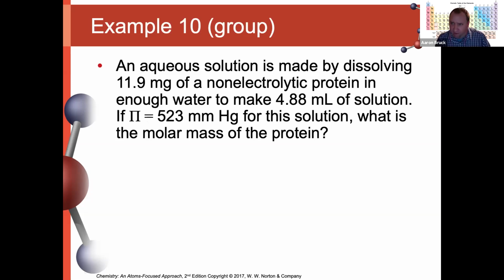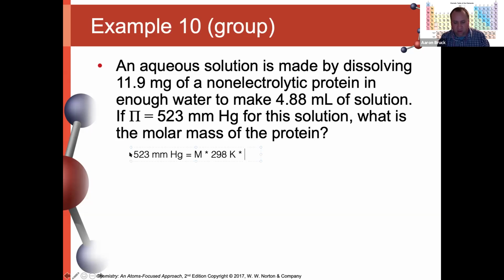So very similar technique here to what we did in the previous problem. We have an osmotic pressure, 523 millimeters of mercury. We don't know the molarity. We aren't told the temperature, but we can assume it's 25 degrees Celsius, which would be 298 Kelvin.